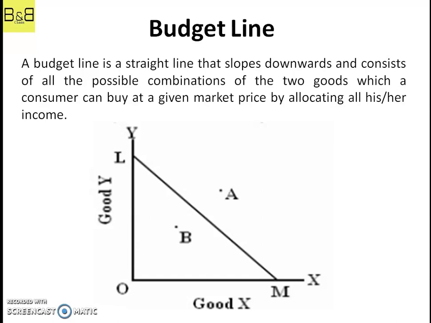Any combination of goods X and Y that lies on LM is affordable by the consumer. The combination B below the line is under the budget, and the combination A above the line is over the budget. That is, the consumer cannot afford combination A.